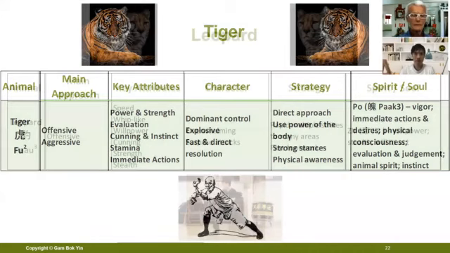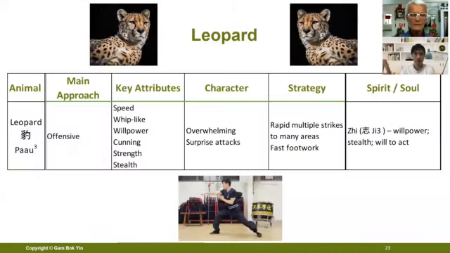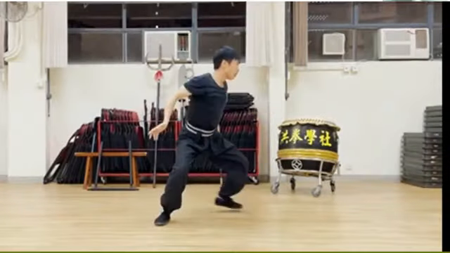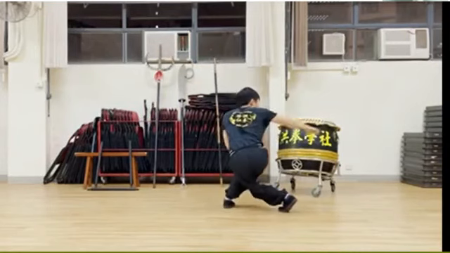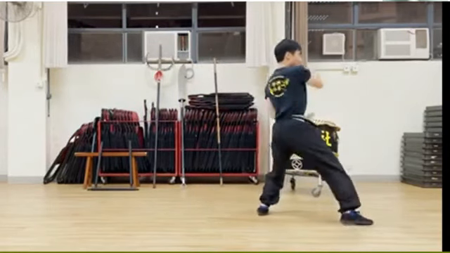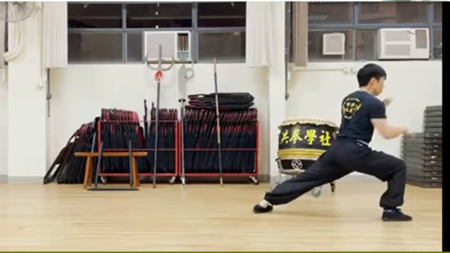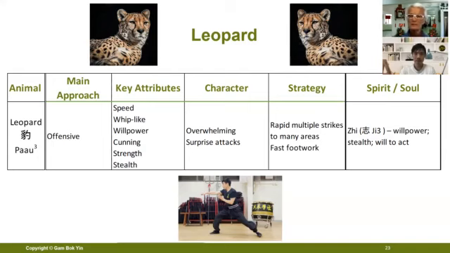The leopard is an offensive animal. It has great speed. It's got this whip-like approach, this suppleness. You know, in martial arts, we talk of gong yao, which is hardness and softness.